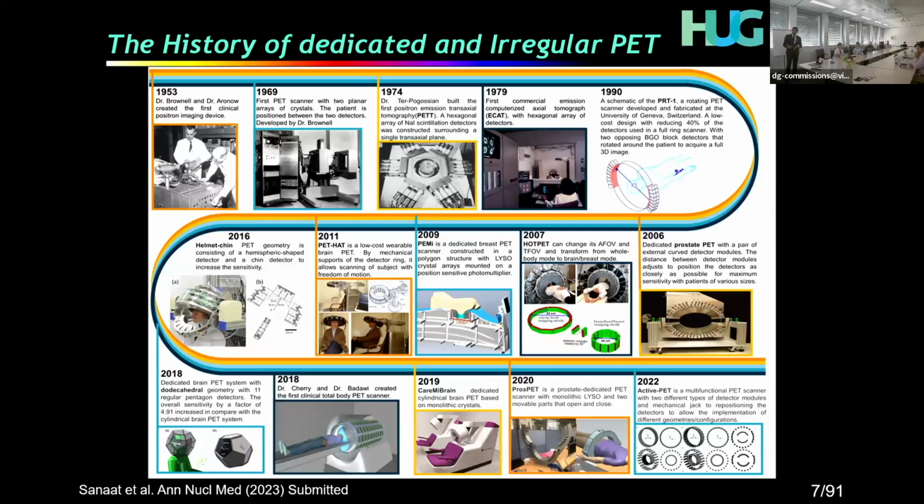And some very expensive and of course very high-tech scanners like the Explorer developed at UC Davis University. And of course some recently developed ones like Prospect, which is a prostate-dedicated PET scanner equipped with monolithic crystals and a movable gantry.